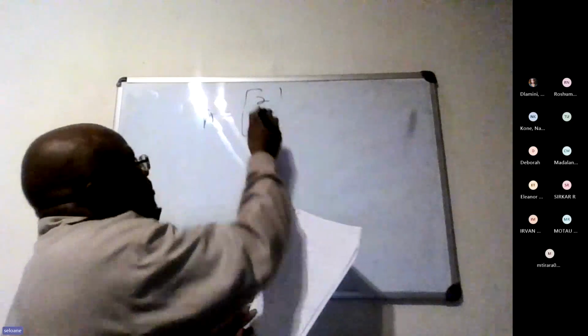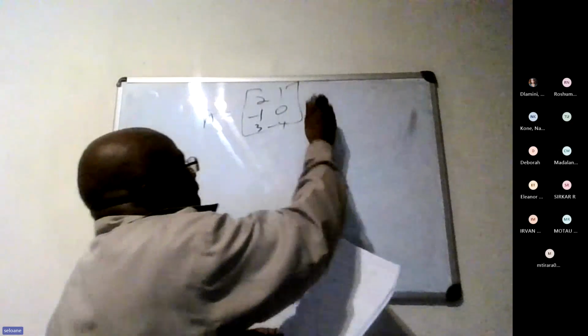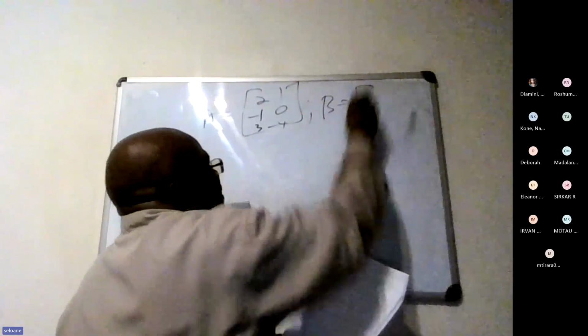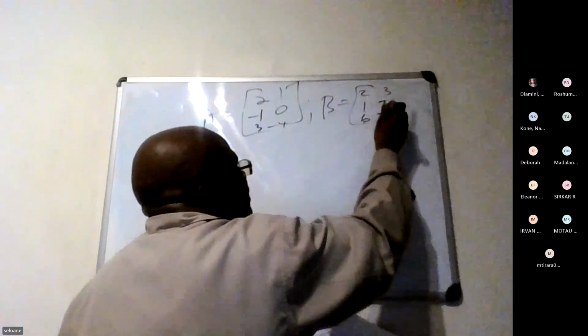One of them will be like this. If you have got this matrix, 2, 1, minus 1 here, 0, and 3 and minus 4 here. Then you have got another matrix, that is this one. Let me just write it here, 2, 3, whatever. Let me just write anything.